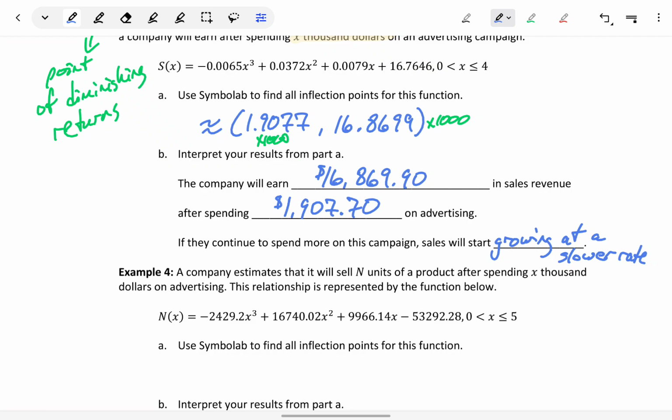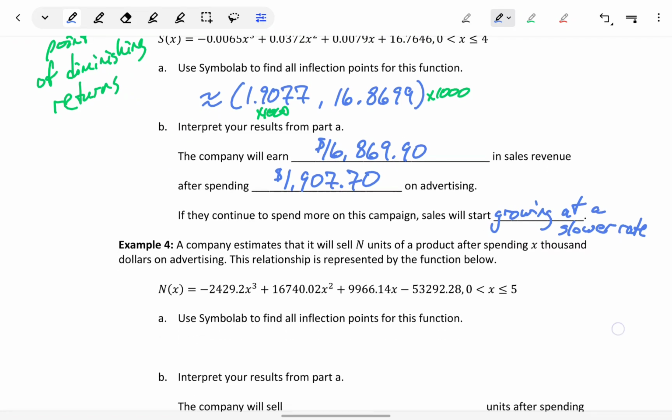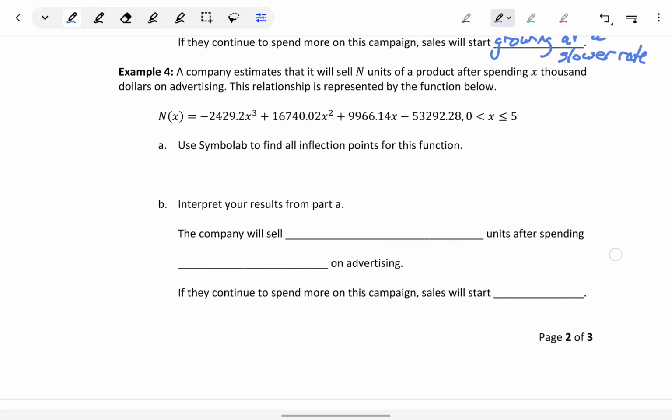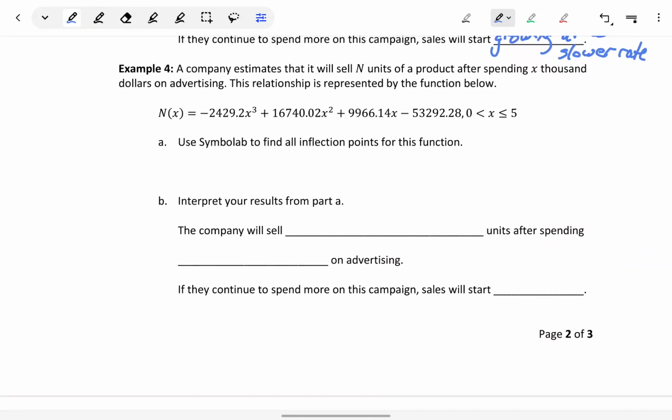They're getting the most increase in revenue based off what they're spending. We can still continue to get more revenue, but we're spending more money per increase in dollars of revenue. So that's what we're talking about with this point of diminishing returns. The revenue didn't start decreasing, it's just growing at a slower rate.